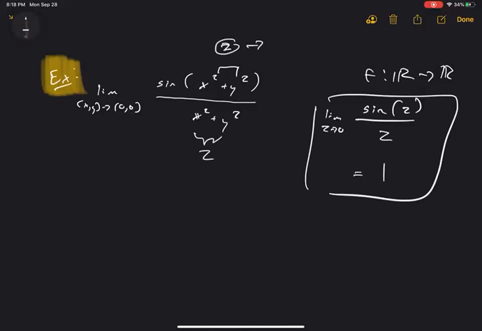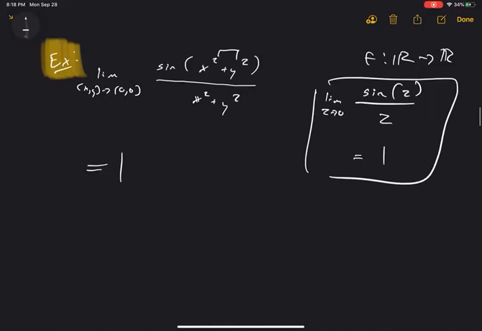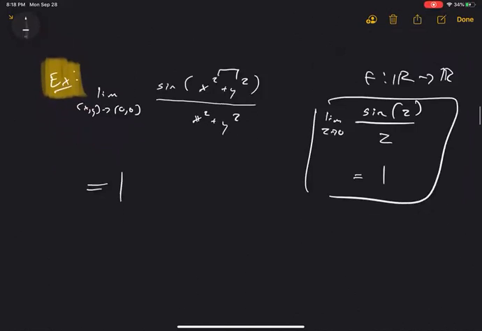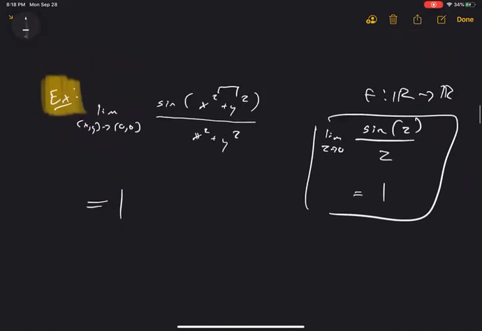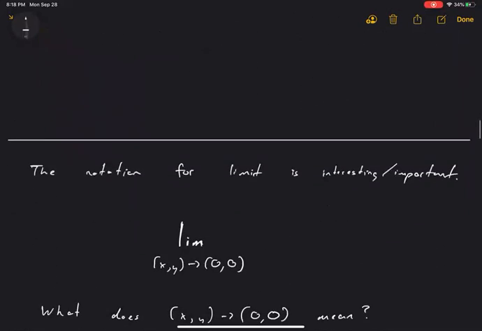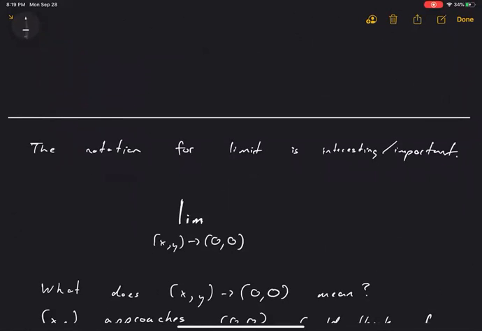So this z has to be going to 0, and so does this z on the bottom. They're the same thing, right? So basically, I have sine of something that's going to 0 divided by something that's going to 0. And so, as you might expect, this limit is equal to 1 as well. That's just an intuitive argument, it's not very rigorous, but we'll compute some more limits before the video is over.